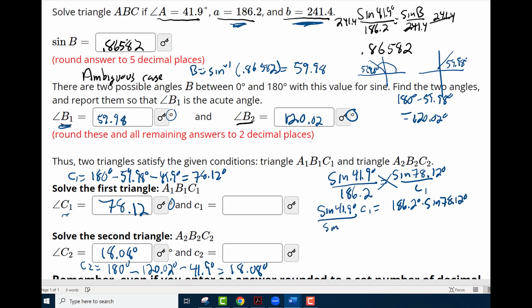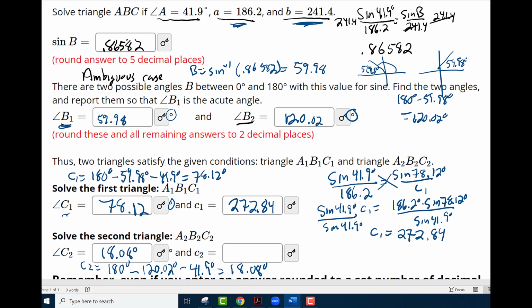Divide by sine of 41.9 degrees. And C1 would be, I get 272.84. Now we'll do the last one.